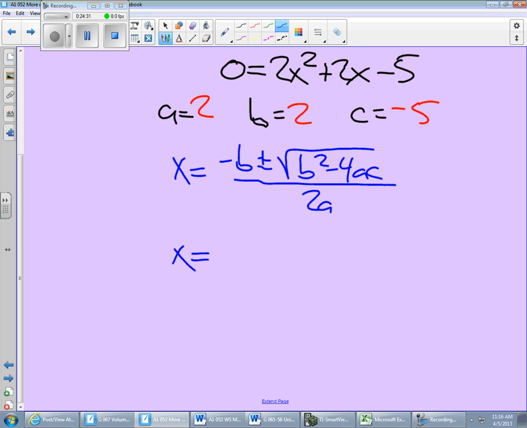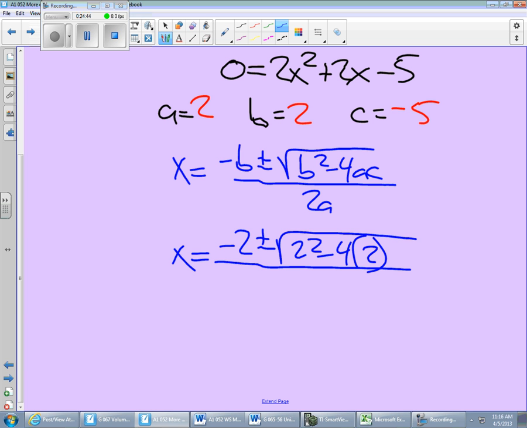All right, let's plug in. x equals negative 2 plus or minus the square root of 2 squared minus 4 times 2 times -5, over 2 times 2. There we go. What's under the radical? 4 minus 8 times negative 5, that's negative 40.